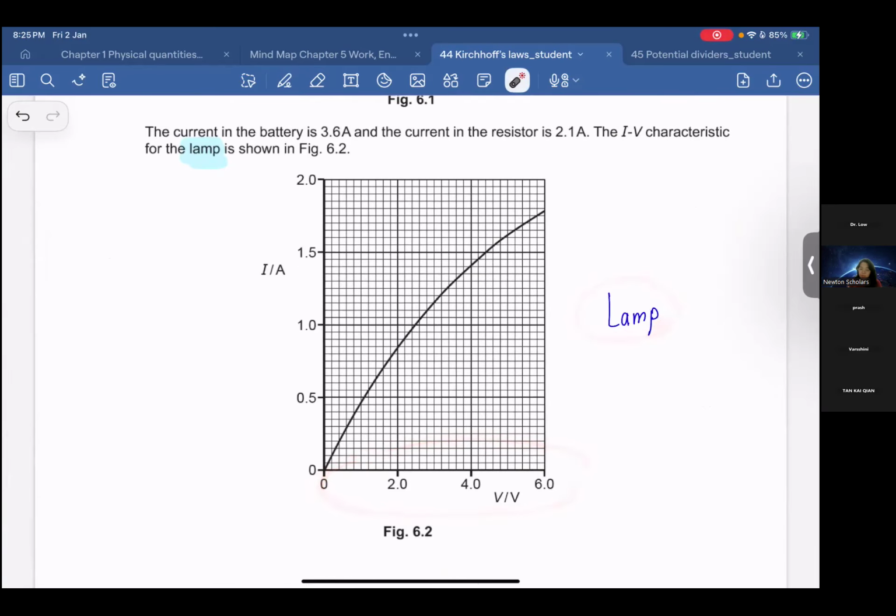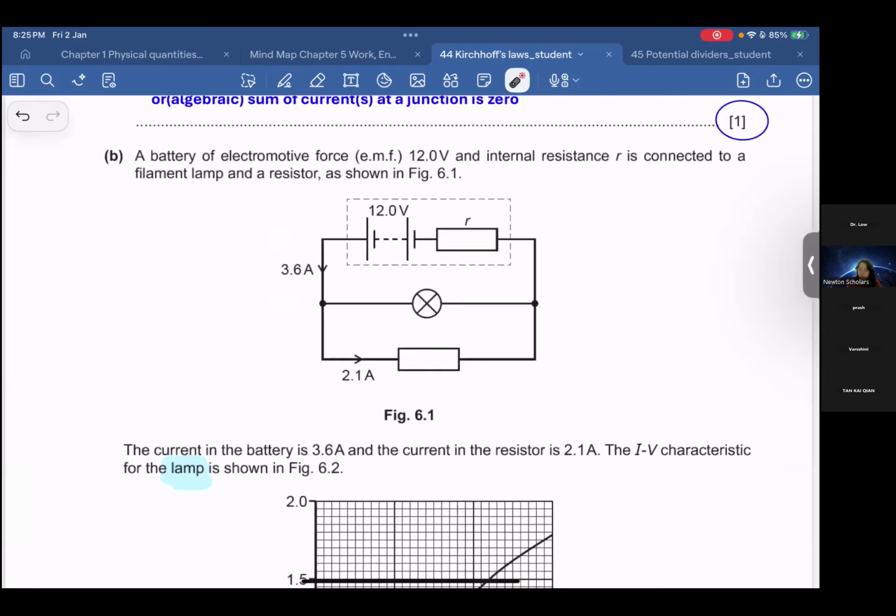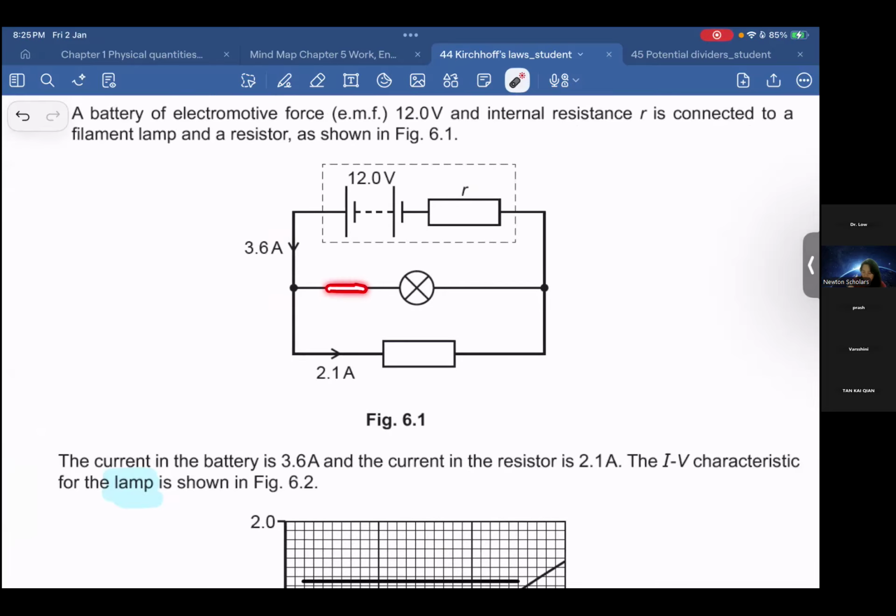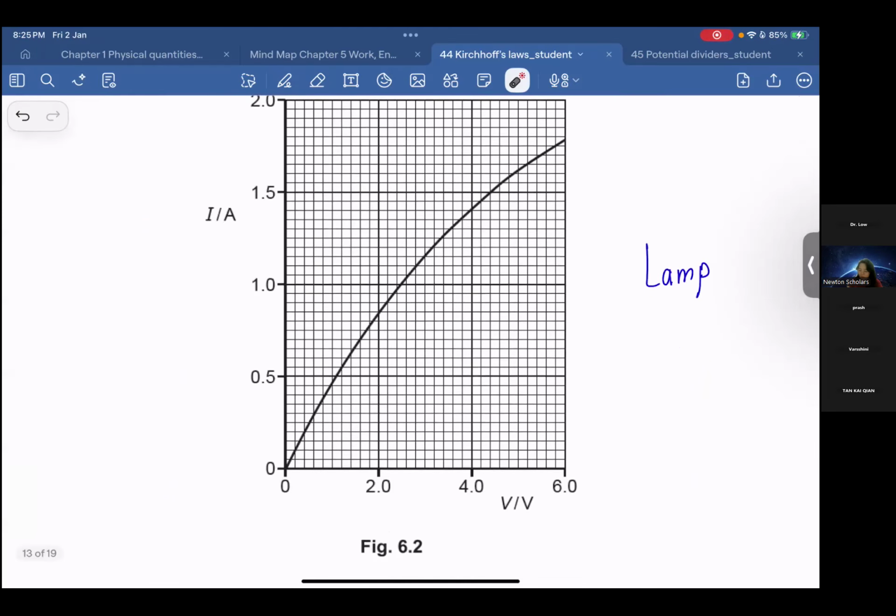We don't know. But can you know the I? Then from I, find the V. Using Kirchhoff's first law, what is the current flowing through the lamp? Then from I you find your V, then with these two pieces of information, you can find the resistance. Then you need to continue until you find the resistance for the lamp.